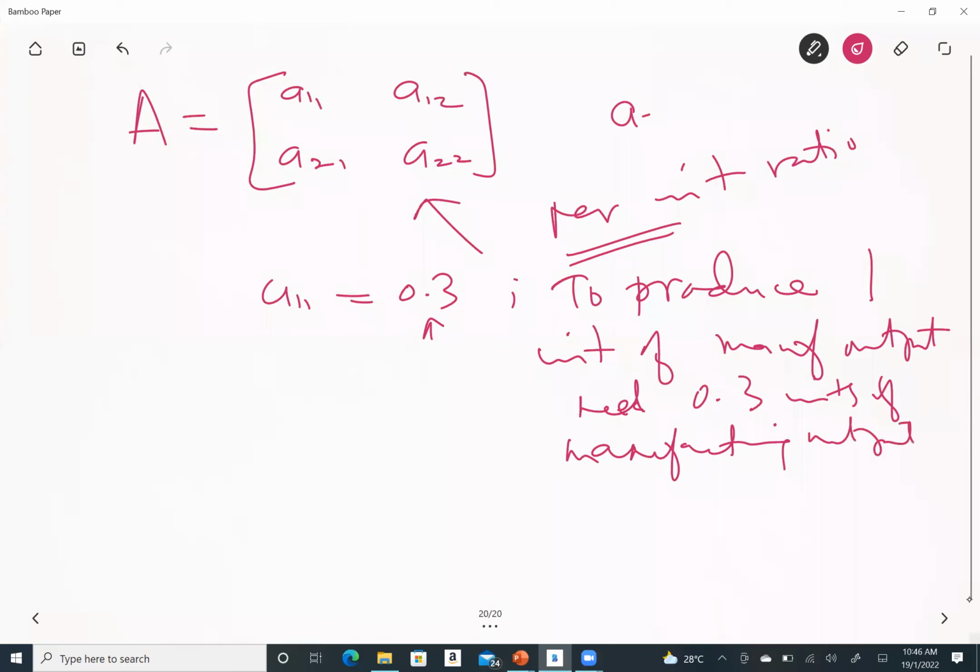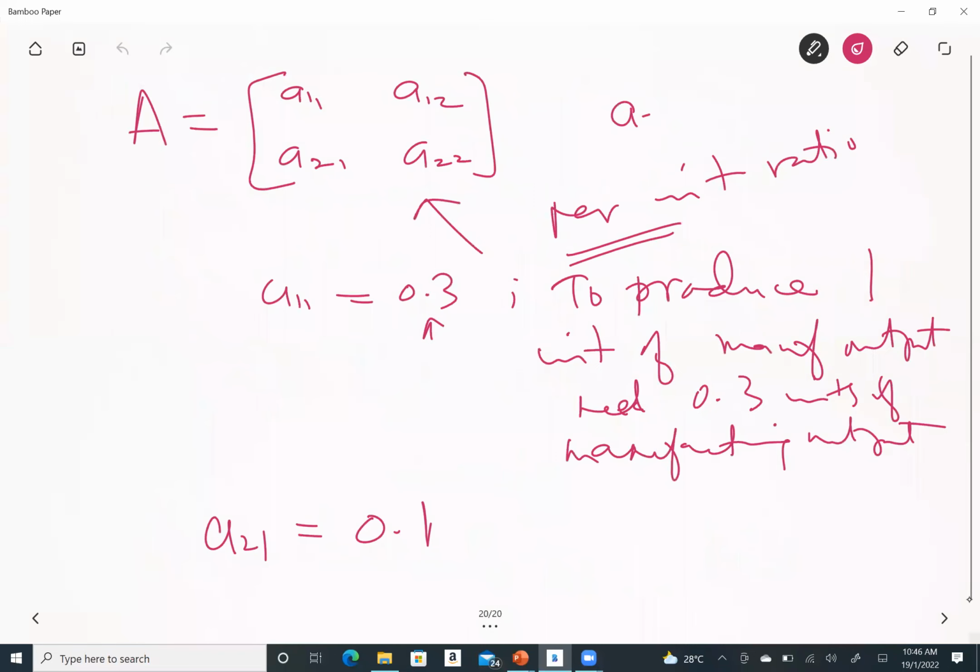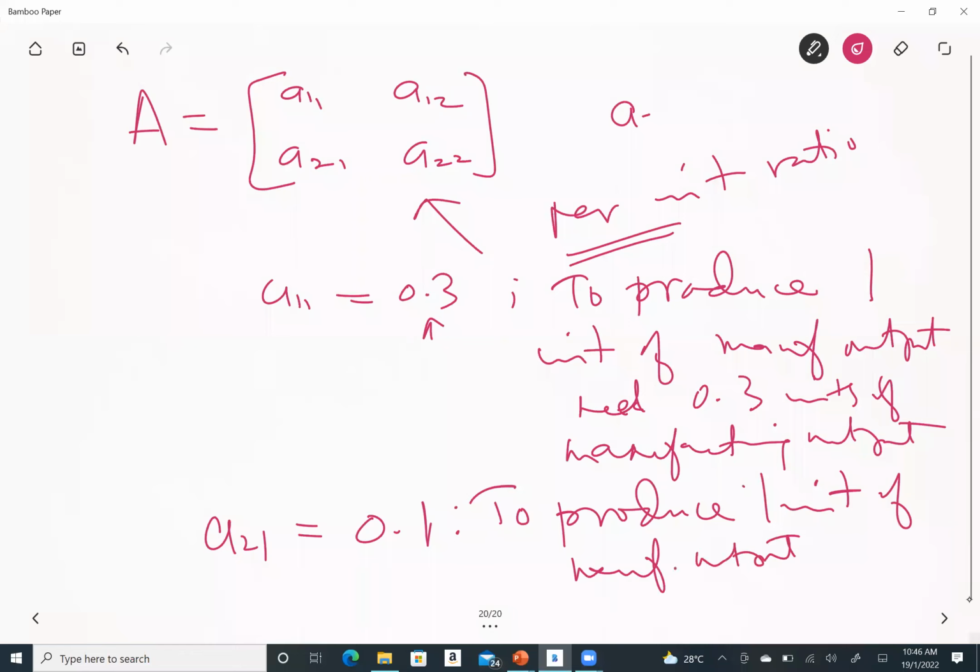And then A21 equal to 0.1. What does it mean? It means to produce 1 unit of manufacturing output, how much do I need?